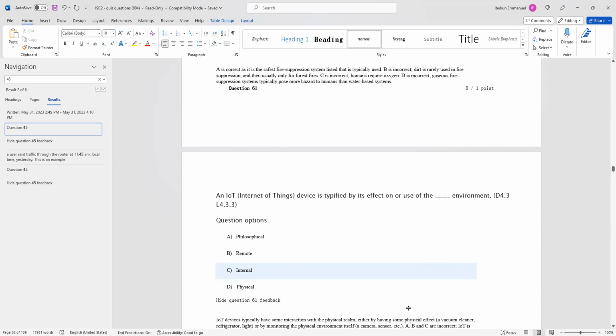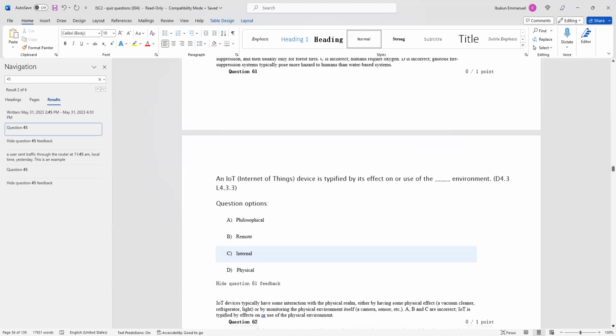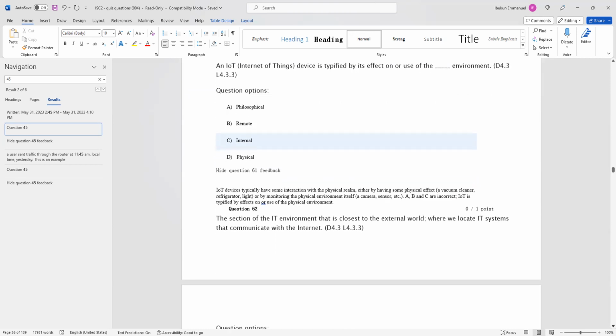So it has some interaction with the physical realm. Refrigerators, your smart lights, your smart bulbs, smart cameras.